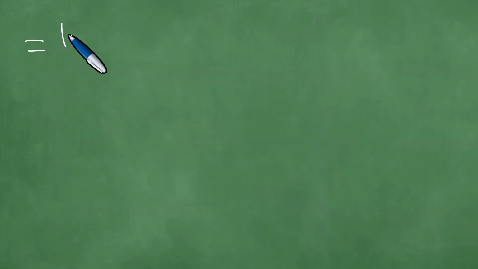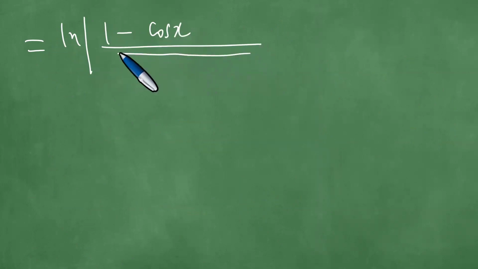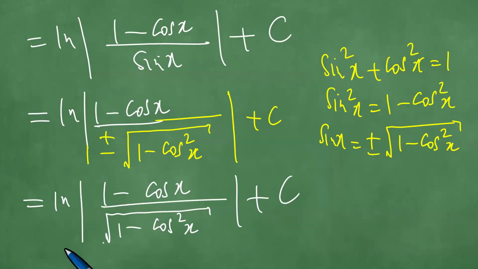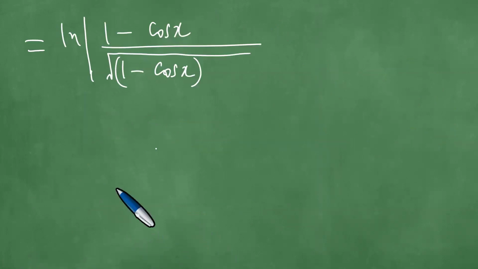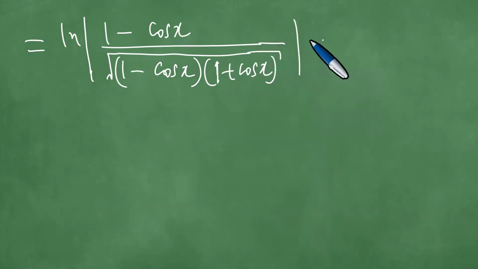And this is then equal to the natural log of 1 minus cosine x divided by, now the 1 minus cosine squared is 1 minus cosine x times 1 plus cosine x, plus c.